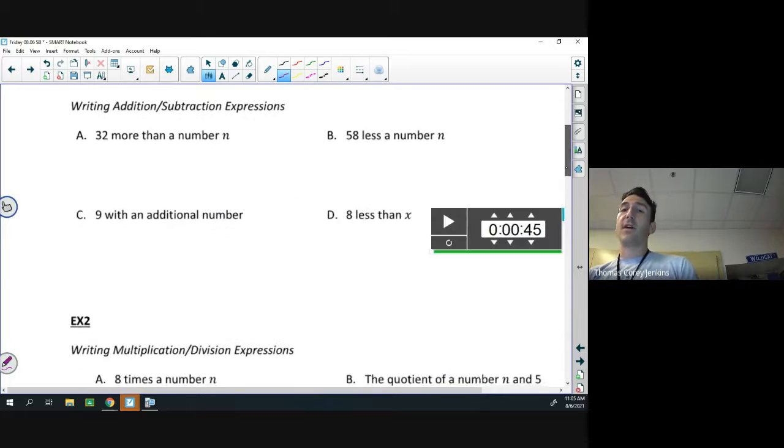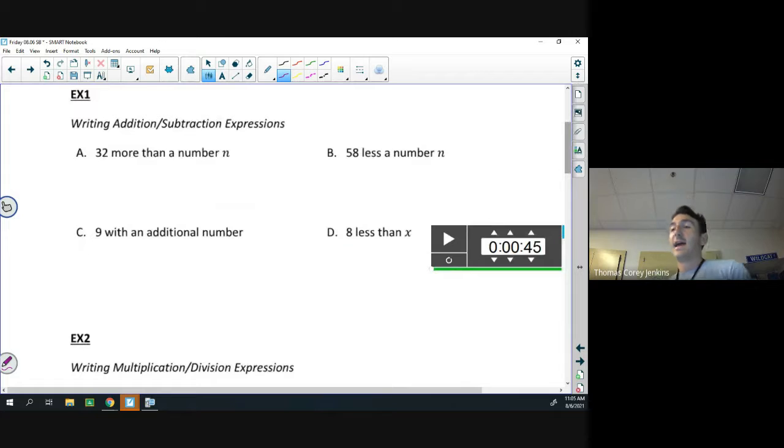So here we go. You guys get ready to write, and I'll do, and then you'll do, and then we'll check. Okay. So I'm looking at 1A. It says 32 more than a number n. All right. So more than would be what operation you think? You can just blurt it out if you know it. Addition, right? So in the order we see it, 32 plus n.